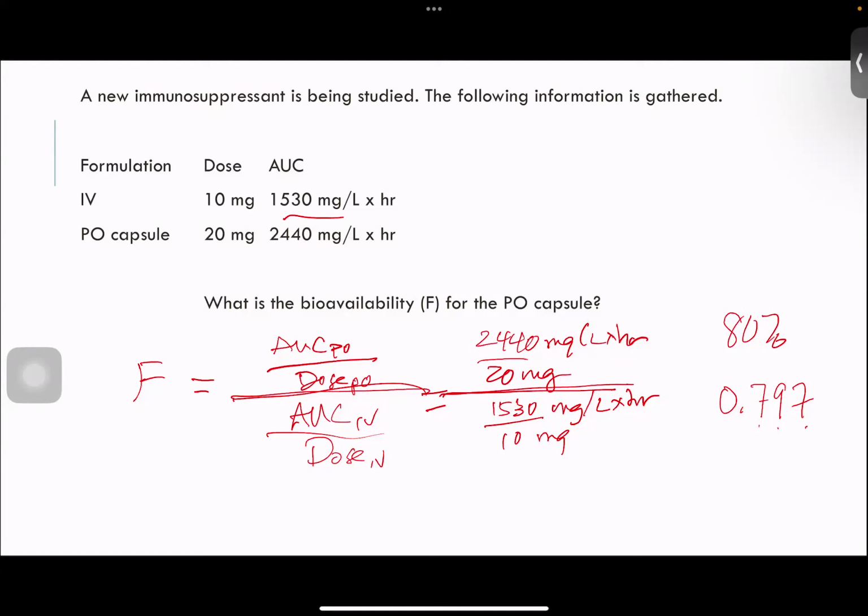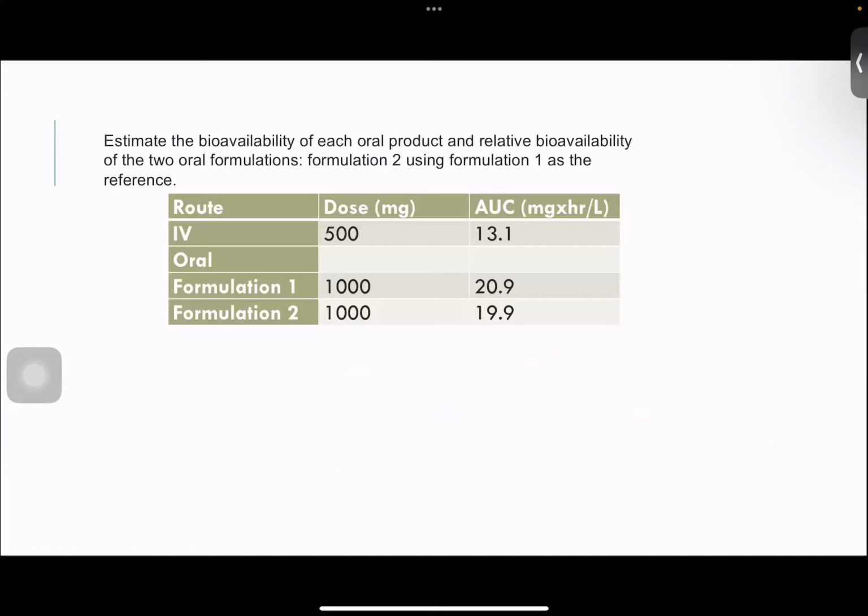That would stay like that, wouldn't it? If I say round to the nearest 100th, then it would be 80% or 0.8, because it would be 0.80, wouldn't it? Everybody good? All right, good.